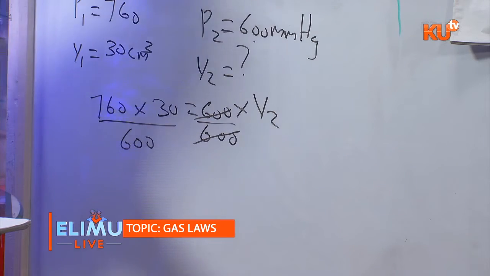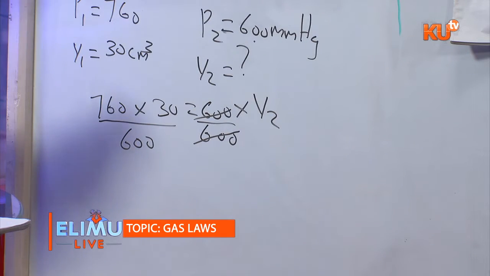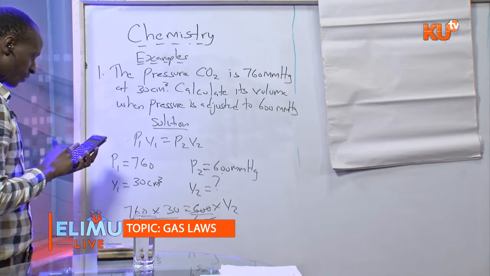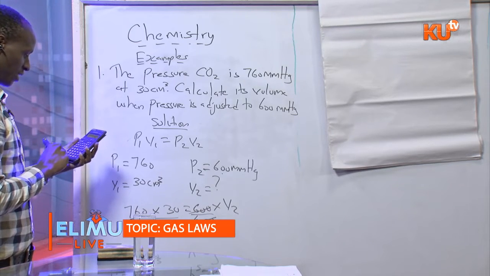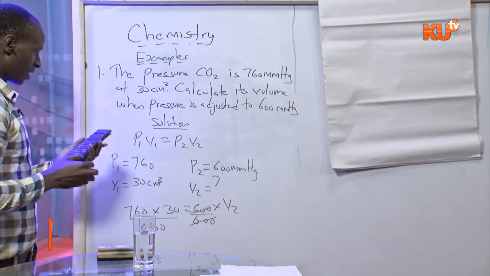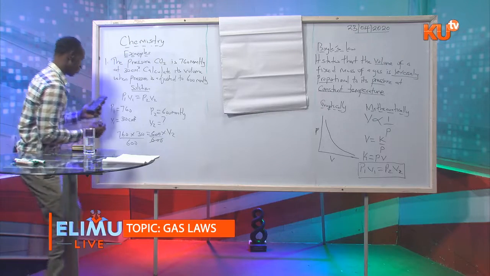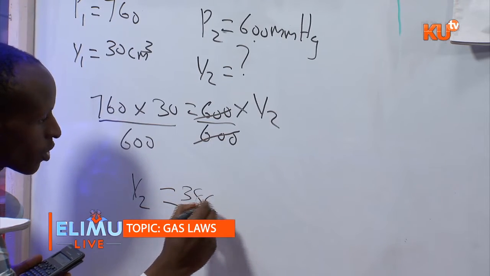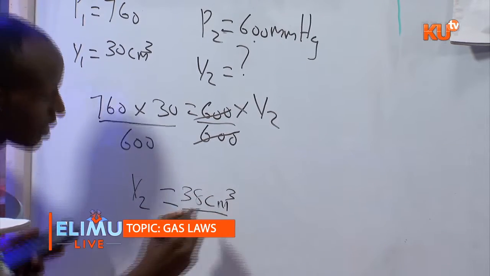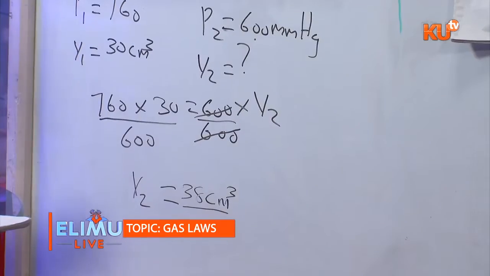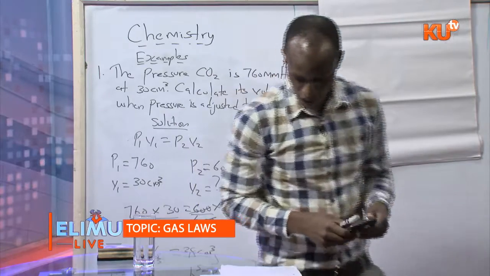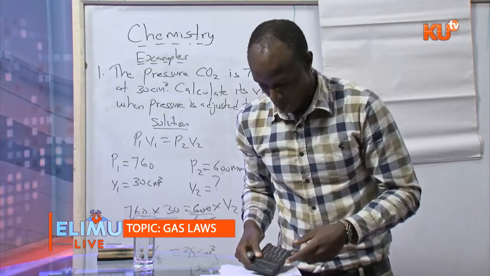Then you take your calculator: 760 times 30, then divide by 600. That gives you a volume of 38 centimeter cubed. So V2 equals 38 centimeter cubed.